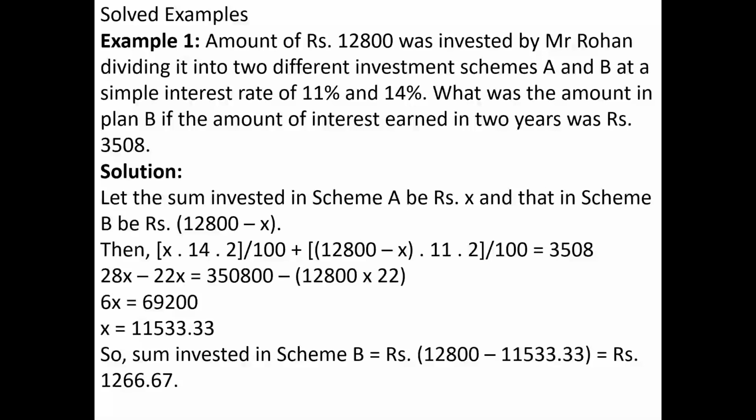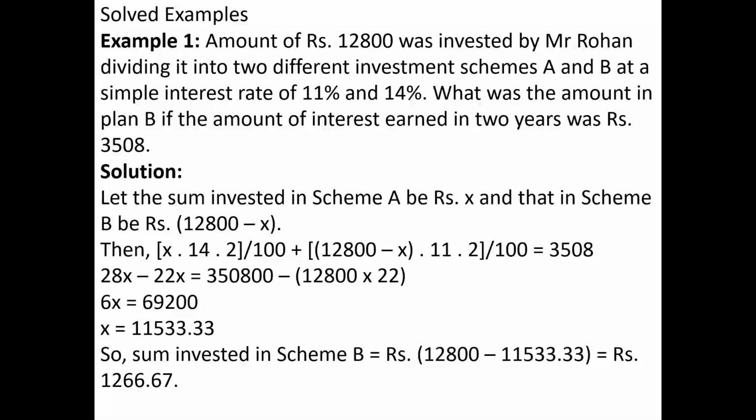Next, again 12,800 minus X, that we don't know, into 11 as the rate of interest, and 2 as the years, divided by 100, according to the formula only, PNR by 100. So we have written both, we have added them, and after that we get the amount, that is 3,508. That is our interest amount.